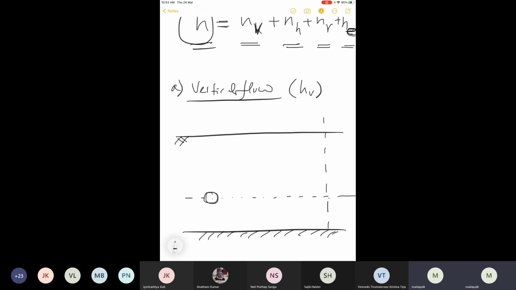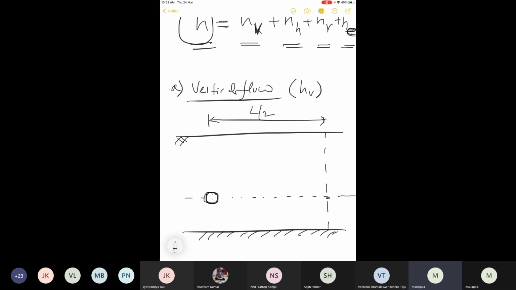There is another drain pipe located in the same line at the same distance. Let's say the distance here is L by 2. I'm considering it as a symmetry, so I'm taking only half of the drain spacing.